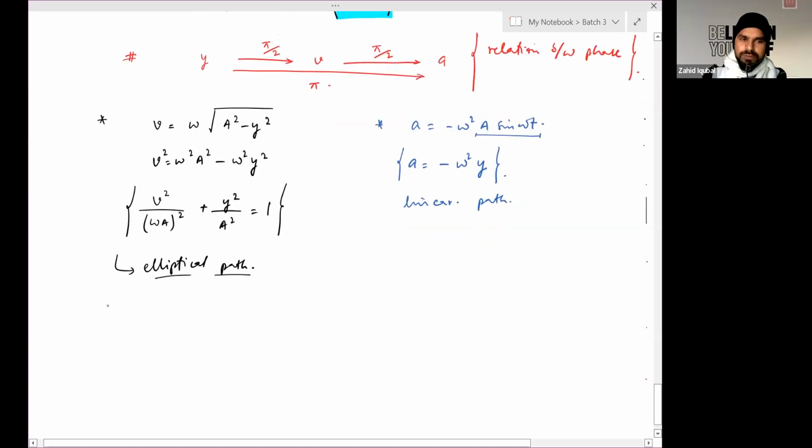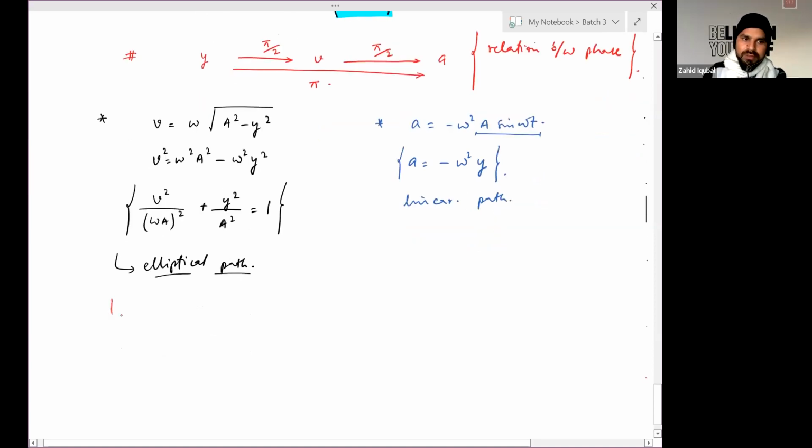Now, the next thing we can define related to this part: you will be asked what would be the minimum condition for an equation to be SHM. So you will say from this part, acceleration equals minus omega square y, and here omega square is constant. So acceleration is directly proportional to displacement with a negative sign.